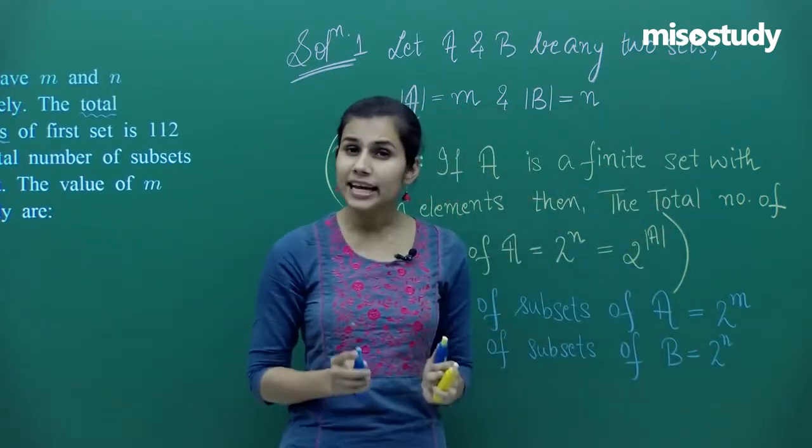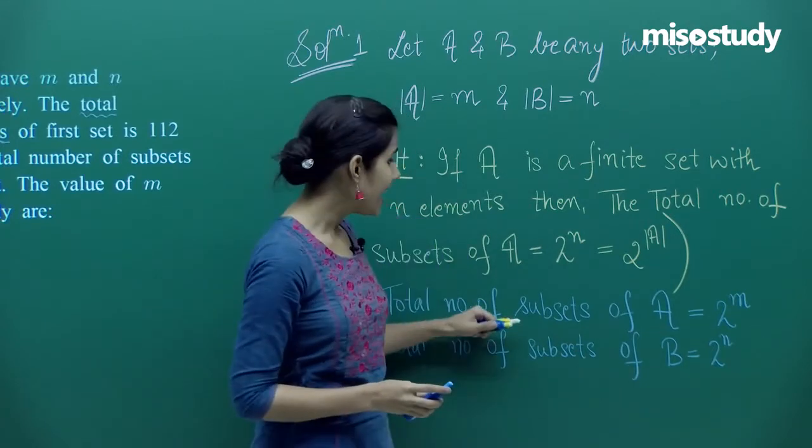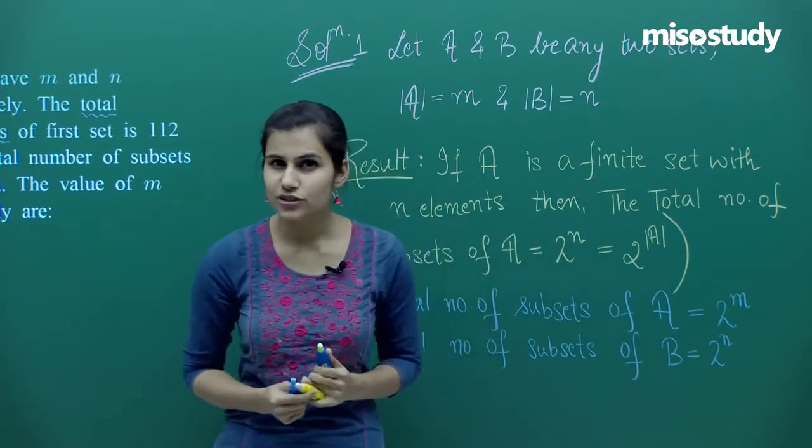Once we have obtained the total number of subsets of A and of B, let's see what the question says.